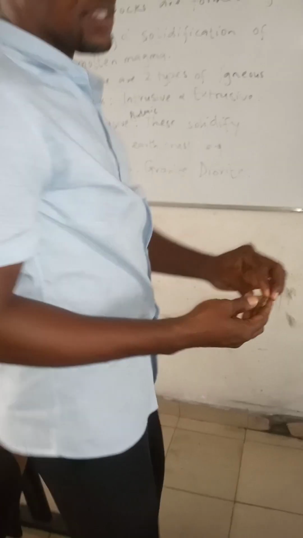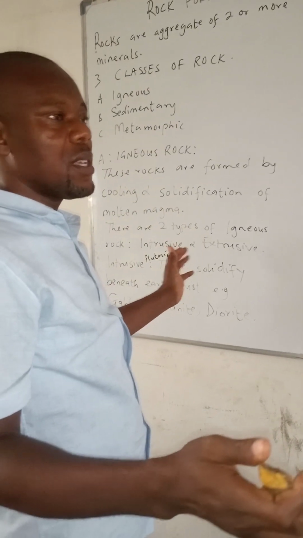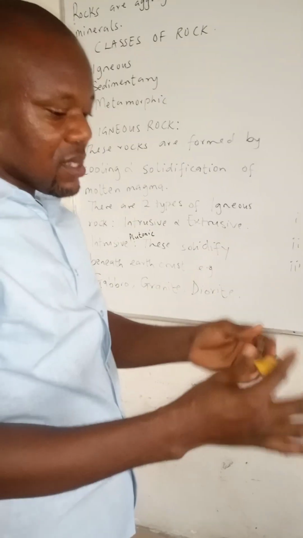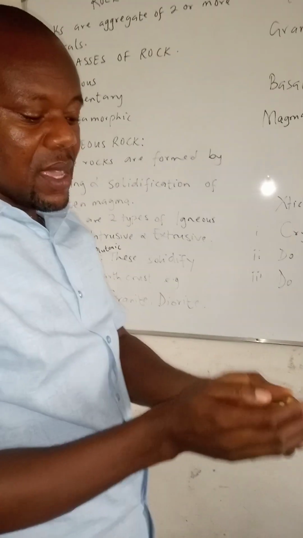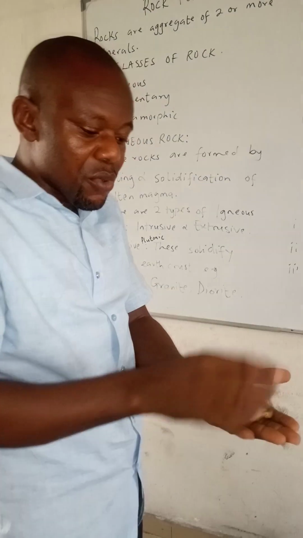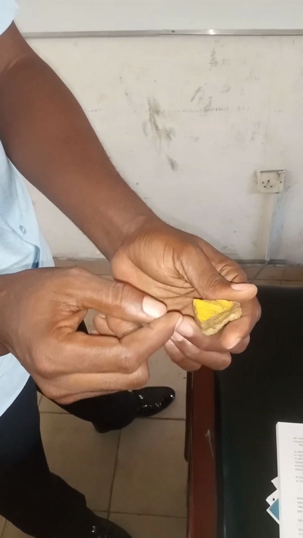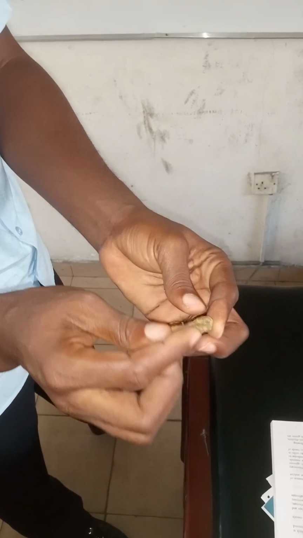Now we have sedimentary rock. This one is formed when the action of water brings different materials together and they cement together to form rock. Look at it, see example. You can see that it occurs in layers. It is stratified.